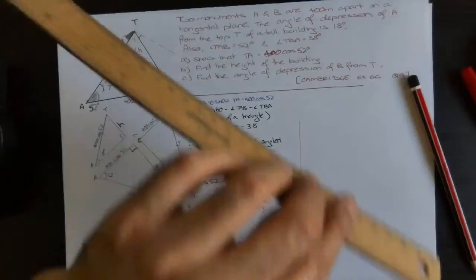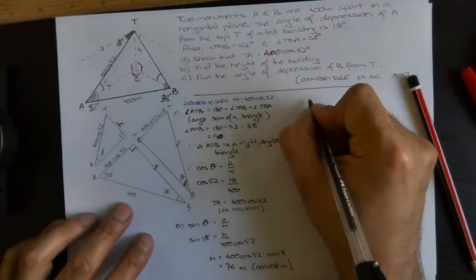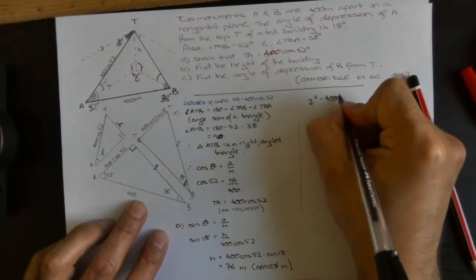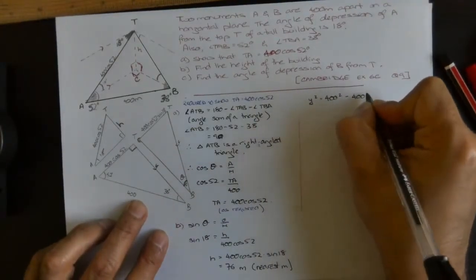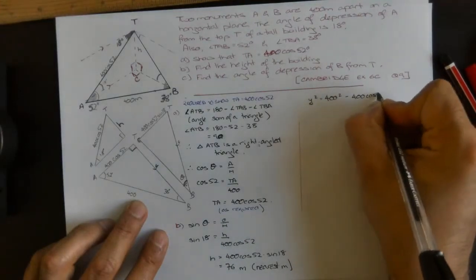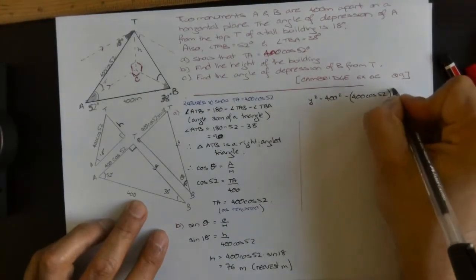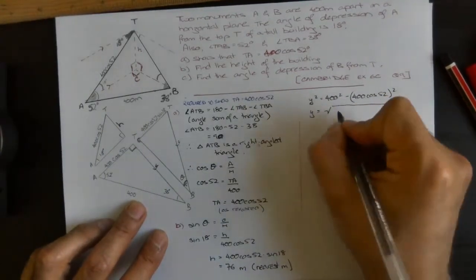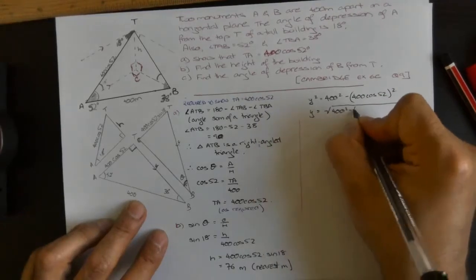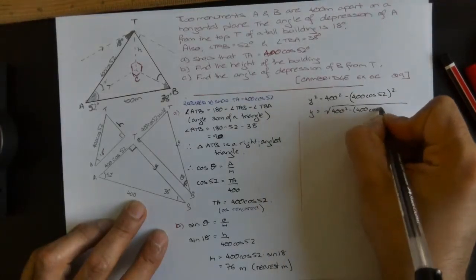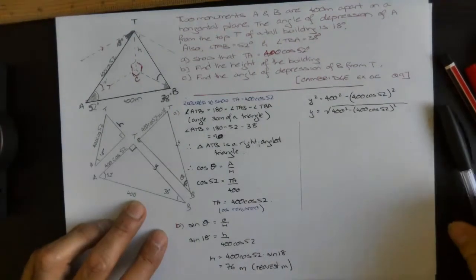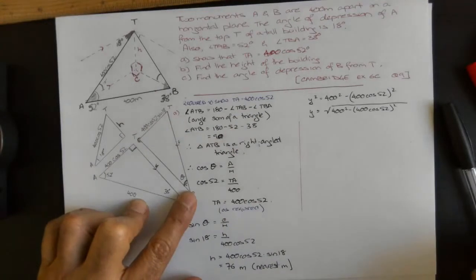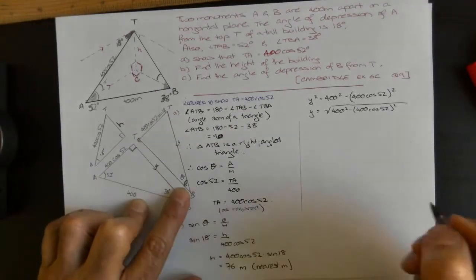Okay, so y squared is going to be, basically using Pythagoras, 400 squared minus 400 cos 52 all squared. So therefore y is going to be the square root of that. Knowing that, we can now use sine to get that angle.